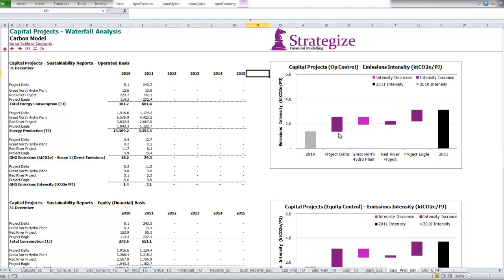And as we can see, it's driven primarily from our Project Delta and Project Eagle assets, whilst being offset in part by our hydroelectricity plant, Great North Hydro Plant.